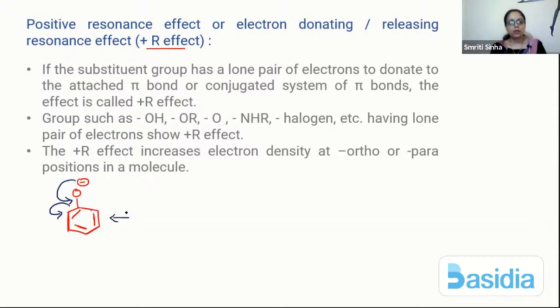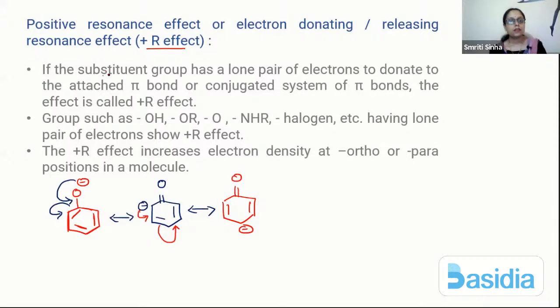So here you get various resonance structures like this. Again in the next, this will come here and this will go here. And in this way, the electron will keep on moving throughout the ring.